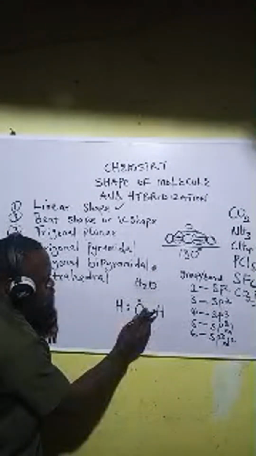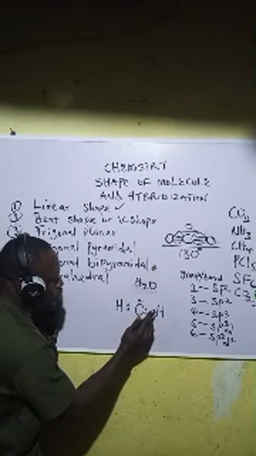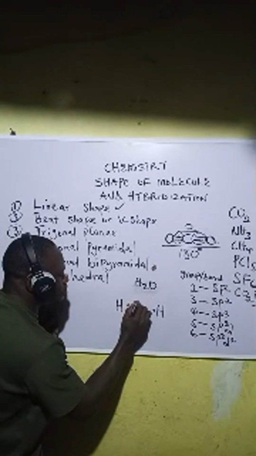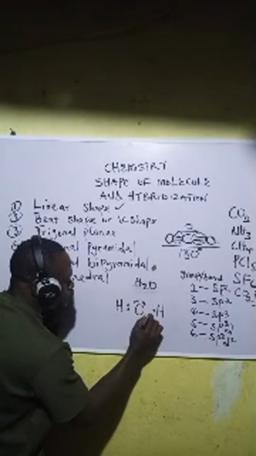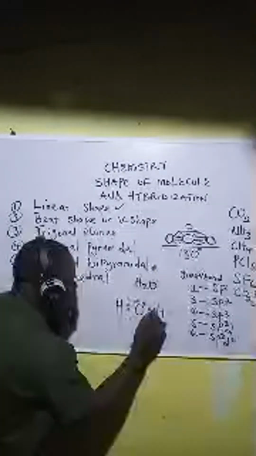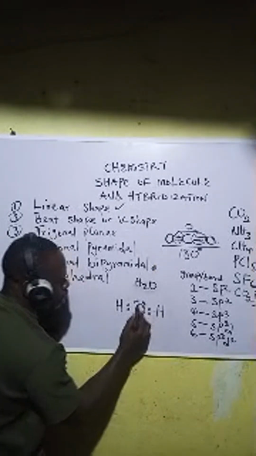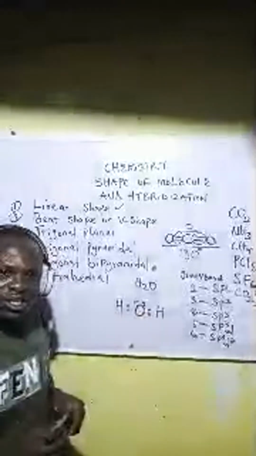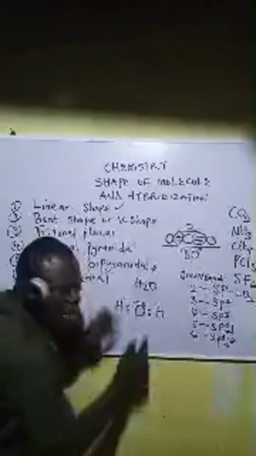So there will be 2 electrons left. We have 1 here and 1 here. Do you get that?